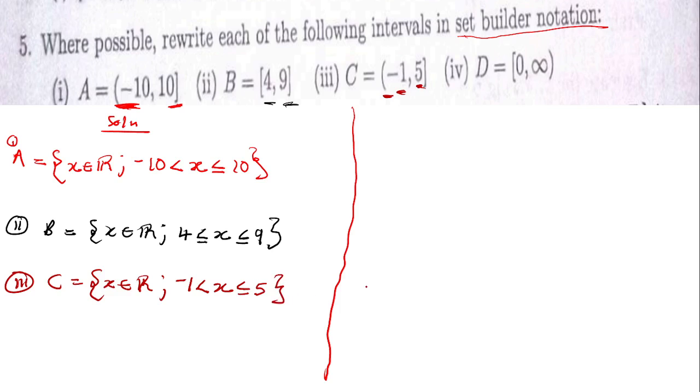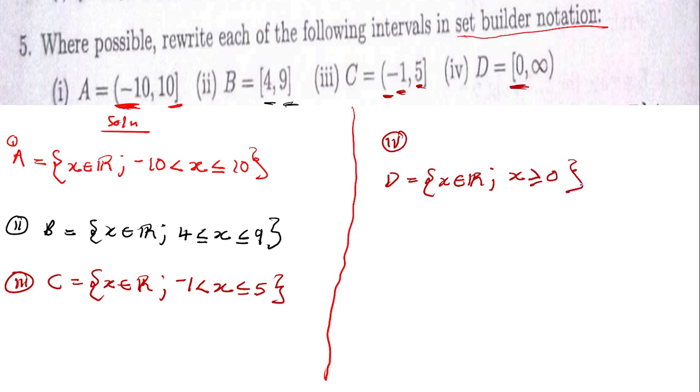The last one is a little bit unique and a little bit different from the others, but it's a very easy one to do. You say D is equal to, x is a member of real numbers, such that you simply write the x there, and since 0 is part of the answer, you say greater than or equal to 0.